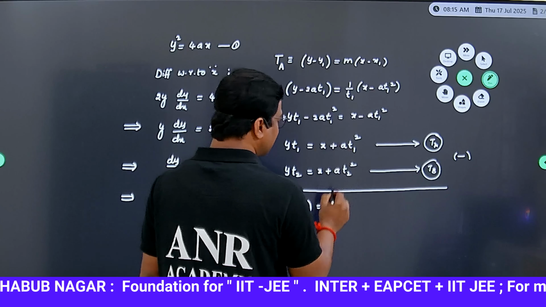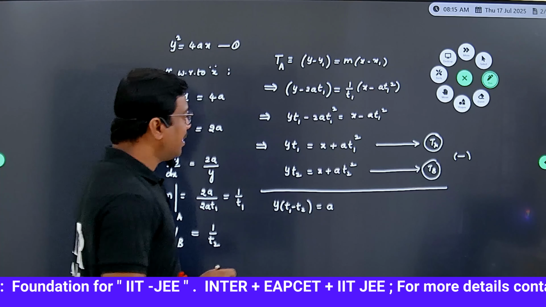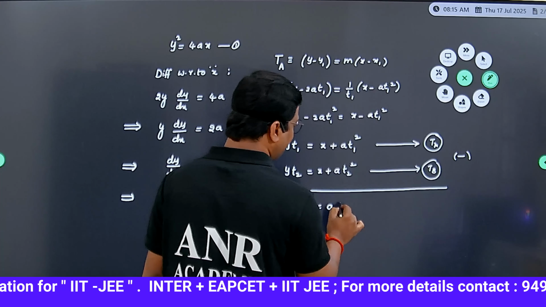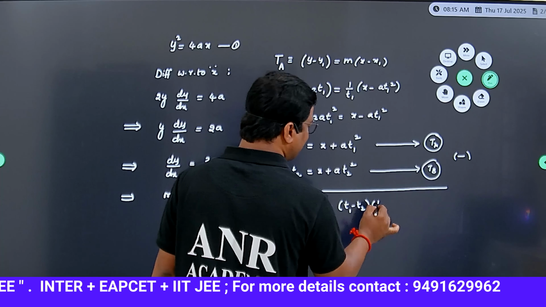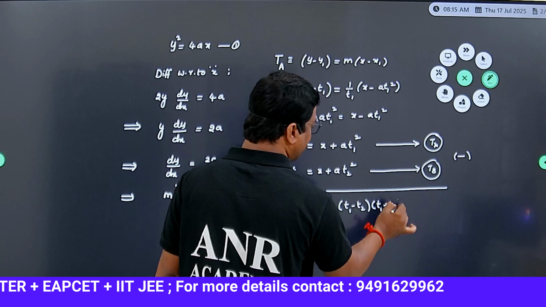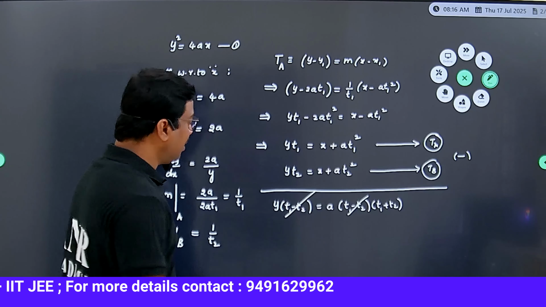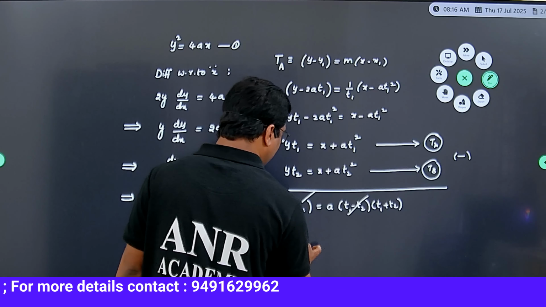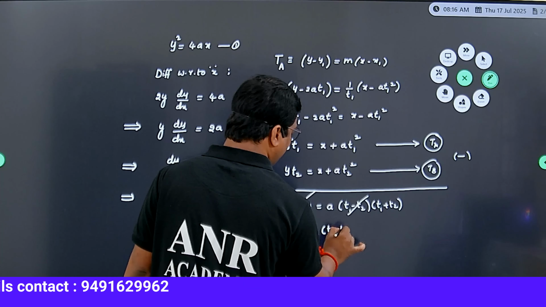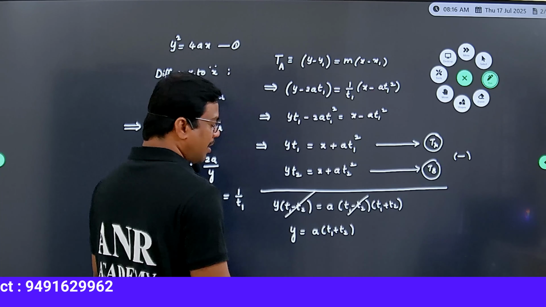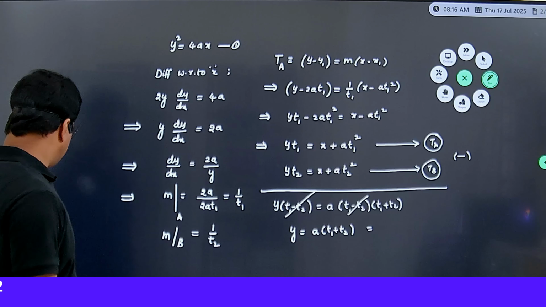And from these two, if you take common a, inside the bracket we get t1 square minus t2 square. That can be written as t1 minus t2 into t1 plus t2. Neglecting t1 minus t2, then we get y coordinate. Y becomes a of t1 plus t2.